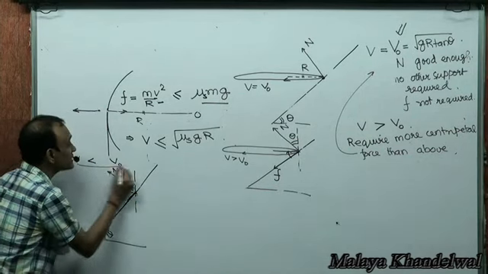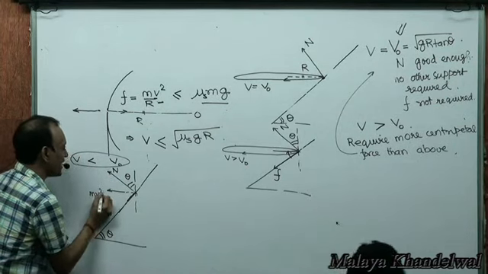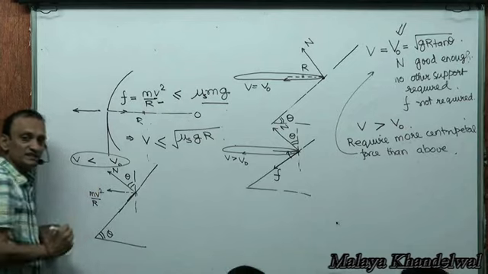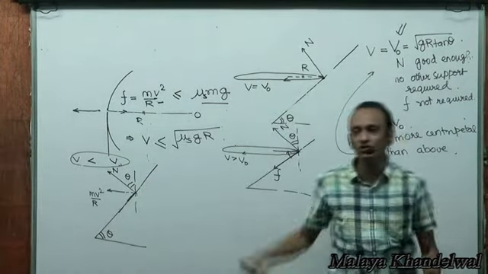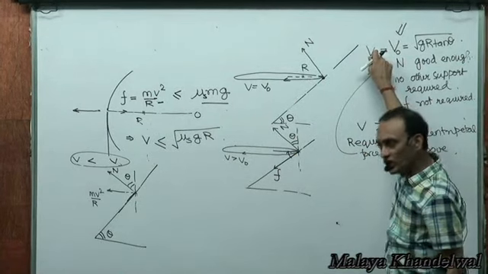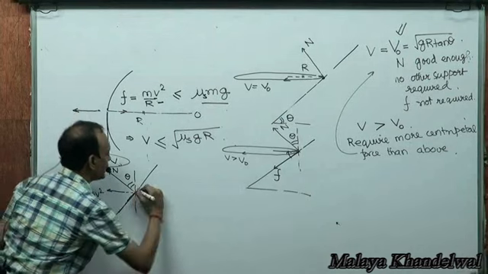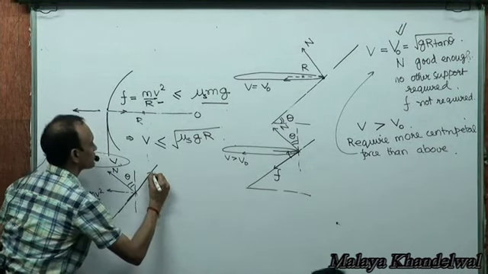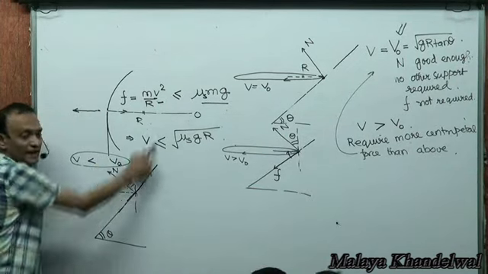If V is less than V naught, then the centripetal force mv squared by r decreases. If V is less than V naught, then you need less centripetal force than what you needed here. Yes or no? So then friction says, hey, I'll act upwards. Then friction acts upwards. If V is less than root gr tan theta, friction acts upwards.